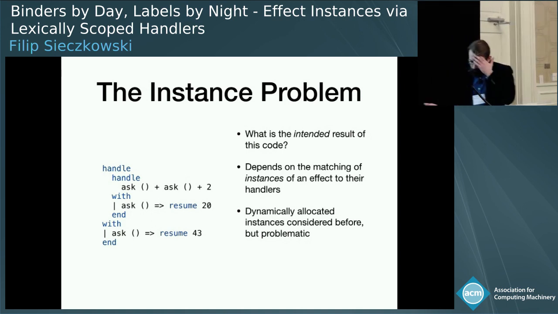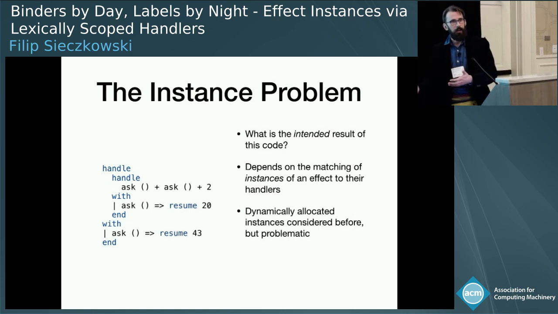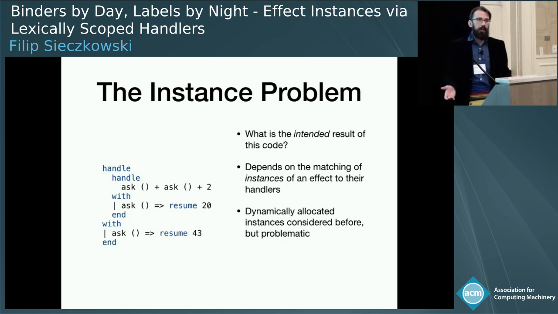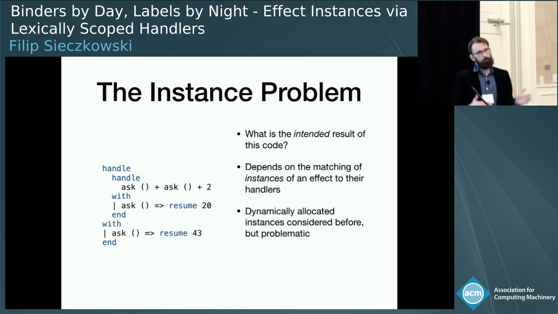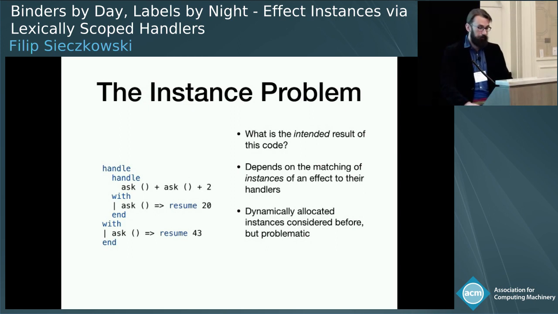In particular, you could compute at which instance you want to do an effect in a basically unconstrained way. And this removed a lot of the benefits of the type and effect systems. In particular, it made it very hard to establish that a particular piece of code was pure. So it was scrapped in the end. I think F* currently does not provide those sorts of instances.